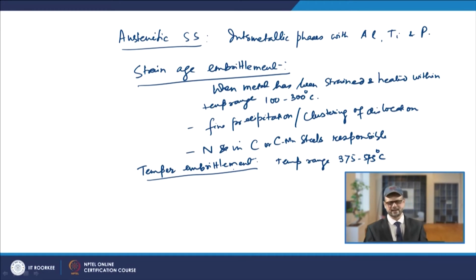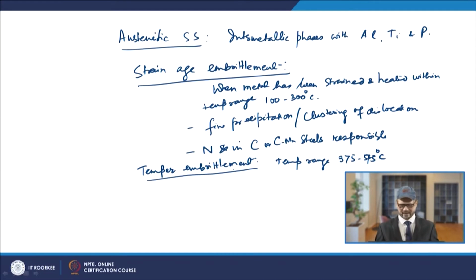So, basically this is another phenomenon which occurs due to the thermal cycling treatment, because when you are heating, certain zones are heated to that temperature zone, and then there is further cooling.